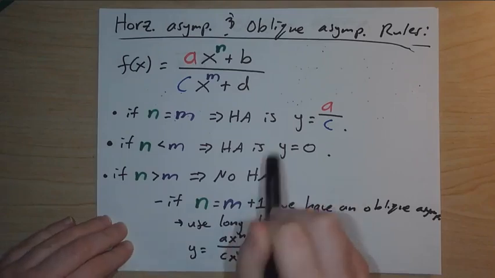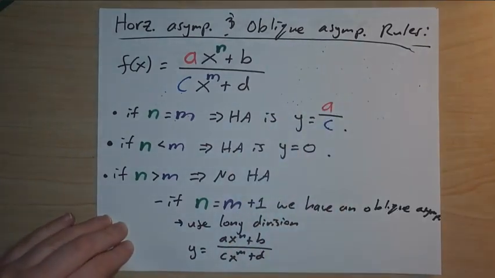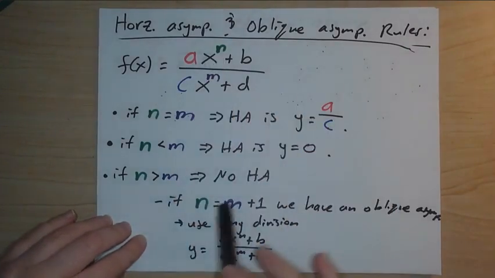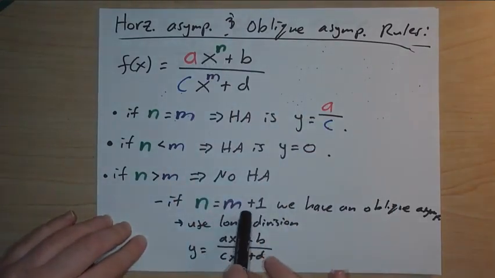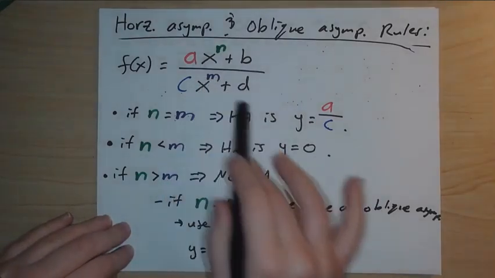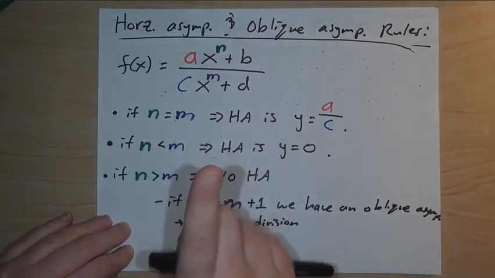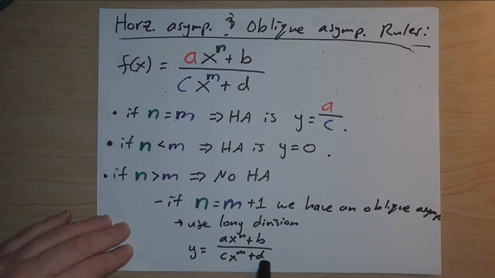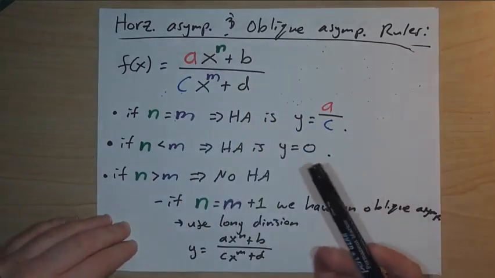But there might be an oblique asymptote, so you have to check for that. If the degree of the numerator is equal to the degree of the denominator plus 1, if n is greater than m by exactly 1, then you have an oblique asymptote, and you'll have to use long division to find out what it is. So it would be y equal to this entire thing.